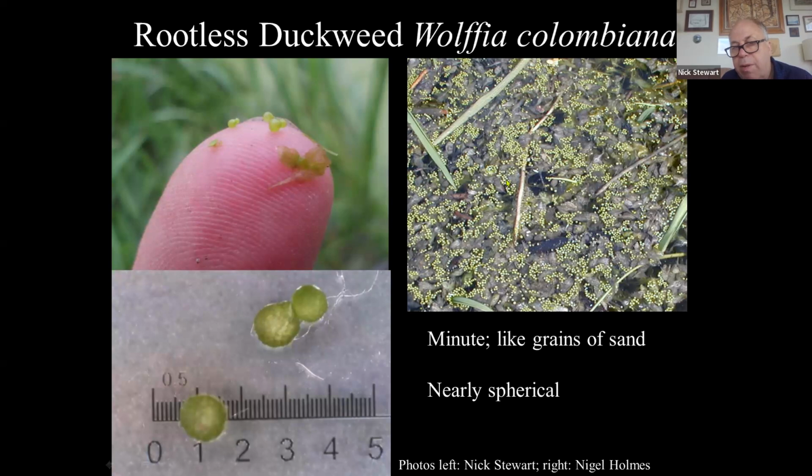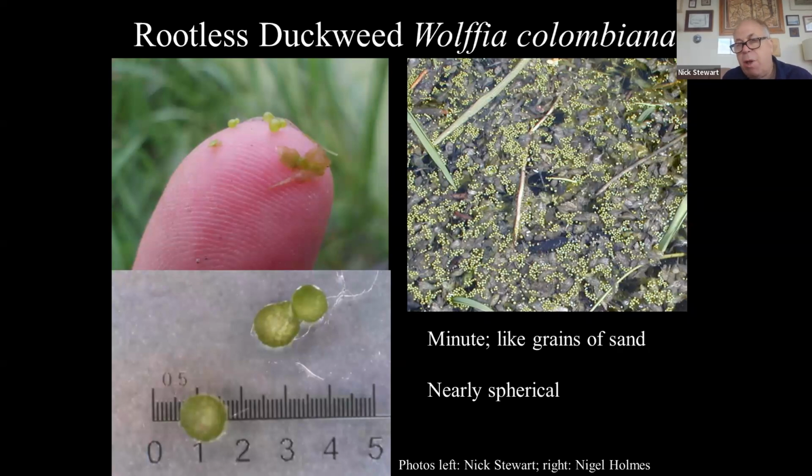Because the flat upper surface is almost as wide as the widest part of the frond, all you really see is the upper surface, whereas in the other ones, it gets distinctly wider under the water. It's a bit like an iceberg.